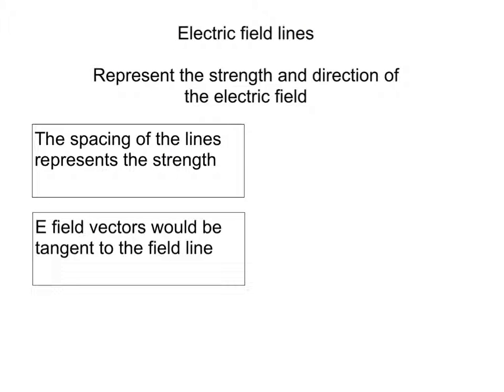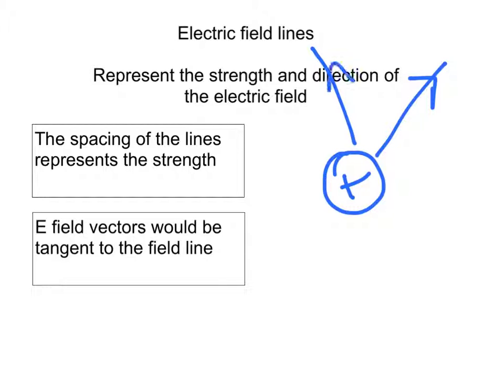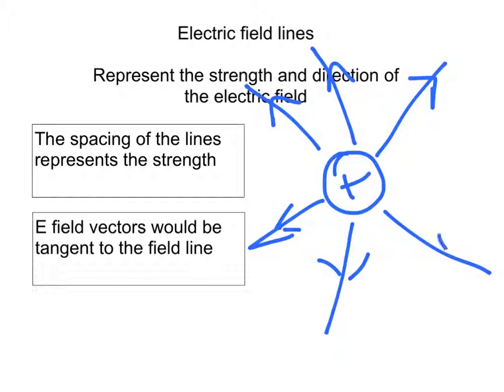So electric field lines can represent the strength and the direction of the electric field. So if I have a positive test charge and I'm going to have lines going away from it, the field is going to be strongest in this area because the lines are closer together.